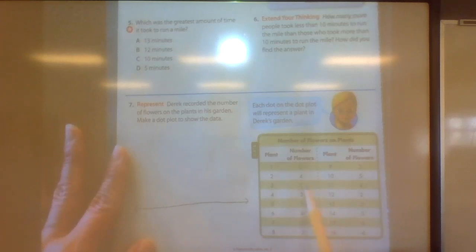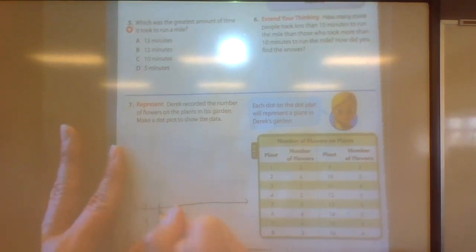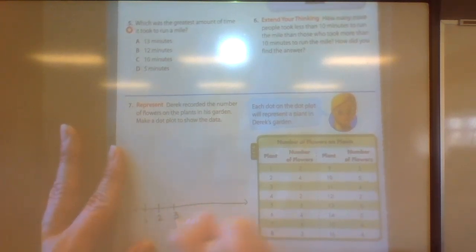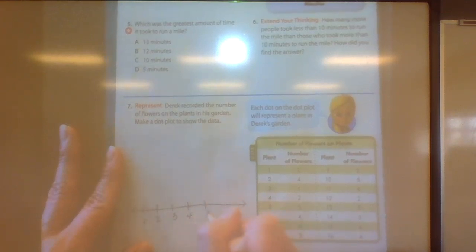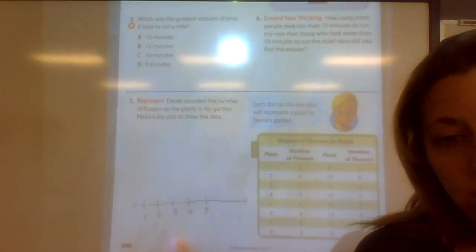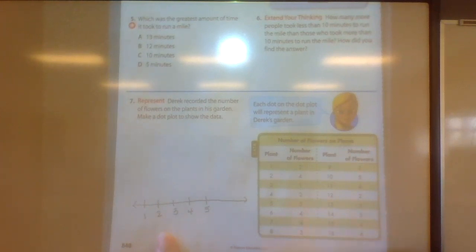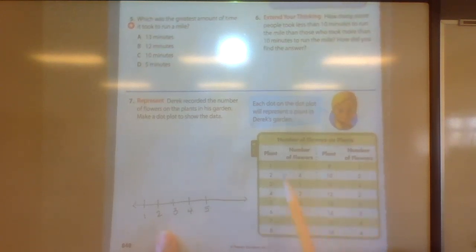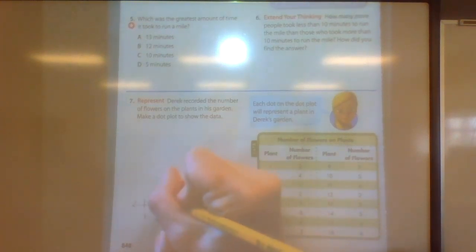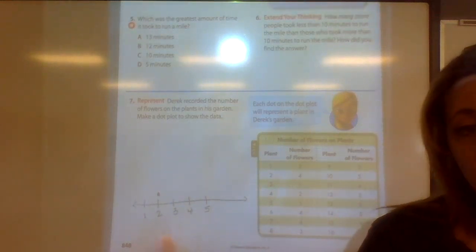So you are looking at 1, 2, 3, 4, or 5 flowers. That is what you should have written on your dot plot. And again, these are just numbers. You're going to have 16 dots at the end, and you're going to say, well, this first plant had 2 flowers, so I'm going to put a dot above the 2. Does that make sense?